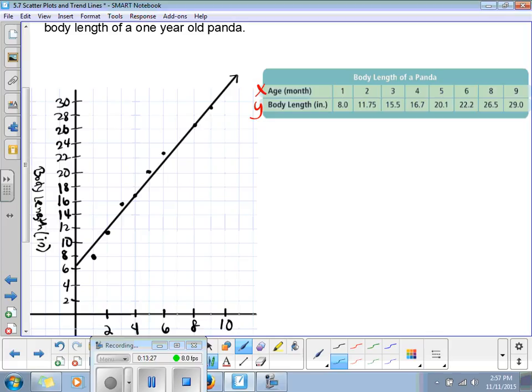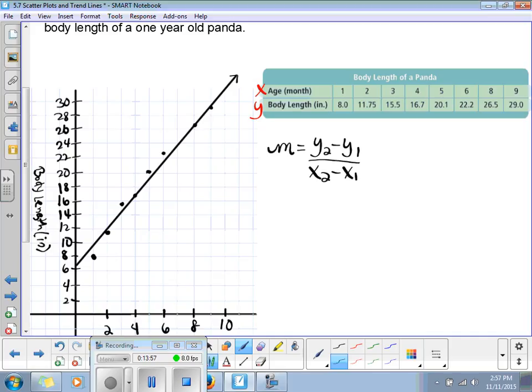We're going to use 2 points on the line to find slope, and then we're going to use one of those points. In which form? Point slope. Very good. So first thing we want to do is find slope, and that is y sub 2 minus y sub 1 over x sub 2 minus x sub 1.